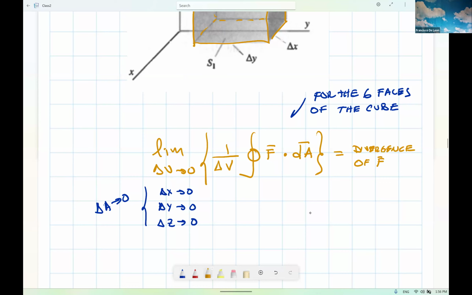The divergence of f, which is given by a surface integral on all six faces, reduced to nothing, will give me the amount of something that is produced at a point. If this divergence, which I will call divergence of f, is greater than zero, it means here that flux is being produced.